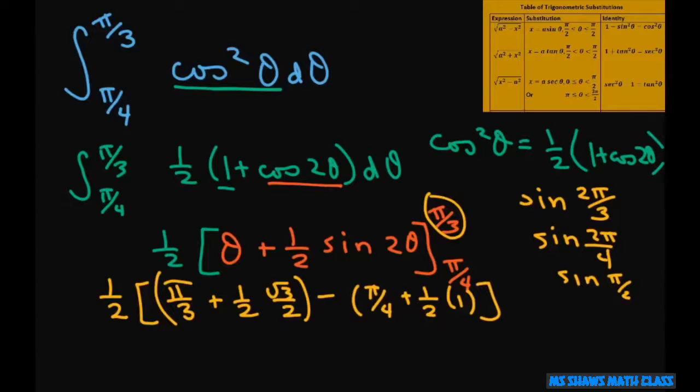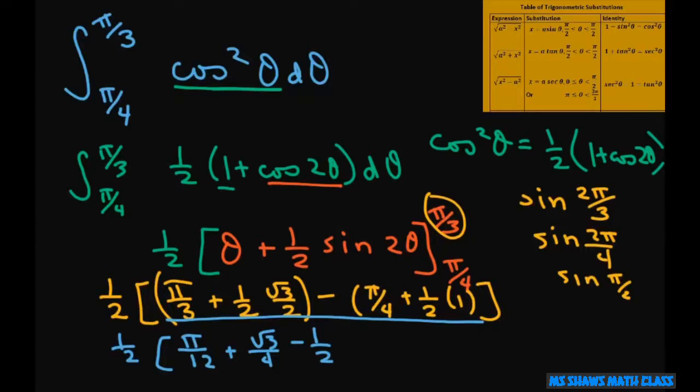So simplifying this further, this is going to be 1/2, and we're going to have pi divided by 12 plus square root of 3 divided by 4 minus 1/2. That takes both of those into account.